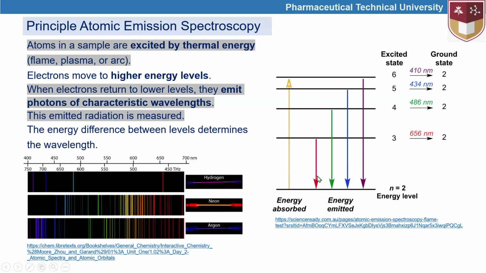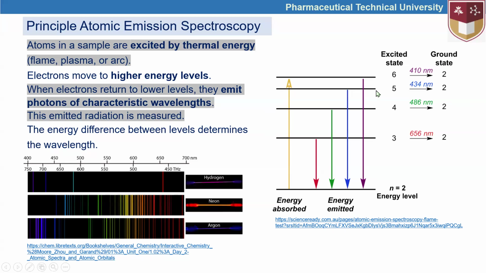So the energy released from the green or red lines is expected to be less compared to violet or blue, because, as I said, the wavelength of red, yellow, orange or green colors is higher, and the higher the wavelength, the smaller the photon energy.